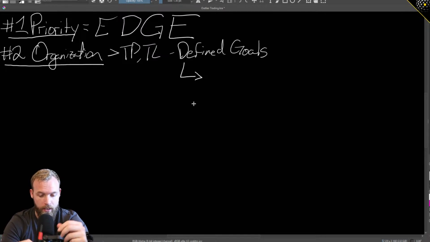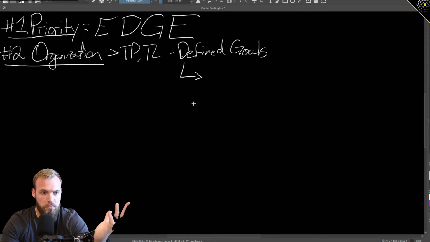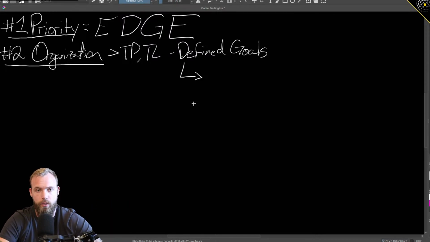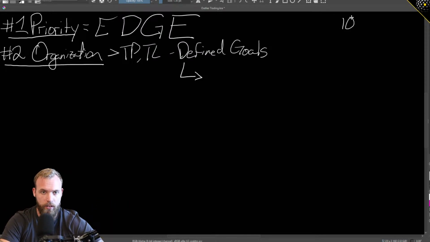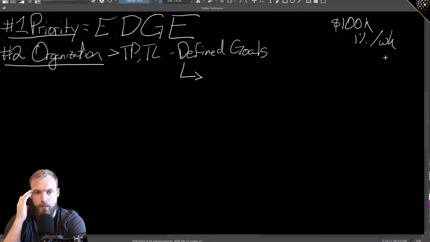1% per week sounds so reasonable. You have a $100,000 account. All you're trying to do is make 1% per week. That seems like somebody that's not being overly aggressive, that's trying to grow their account slowly.